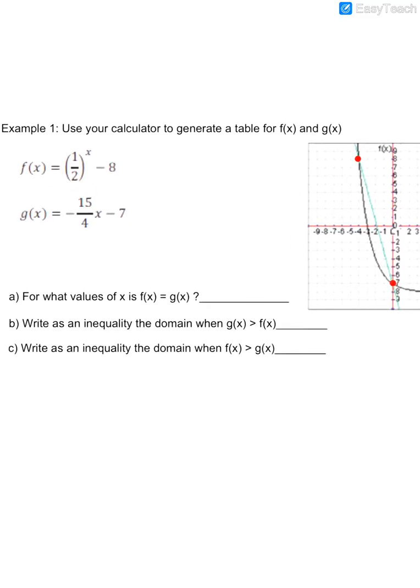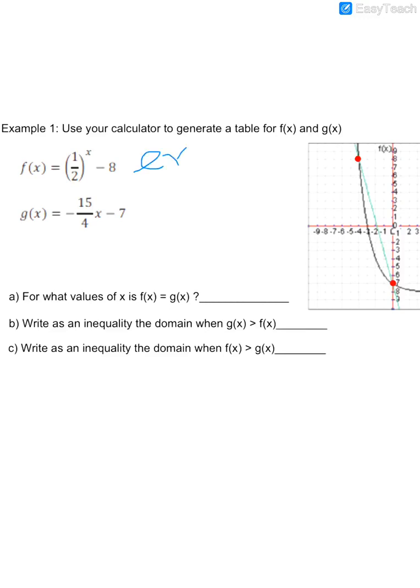So I'm going to do y equals, and I'm going to clear out both things that I have here, and I'm going to start by plugging in 1 divided by 2 in parentheses, caret x, right arrow out, -8. And then I'm going to plug in -15 divided by 4, x, -7.